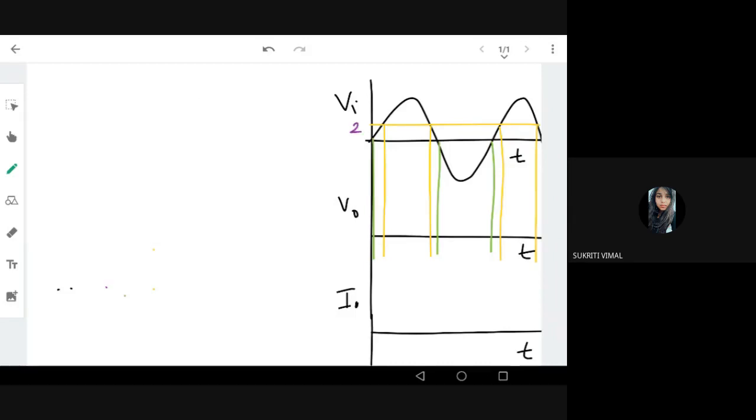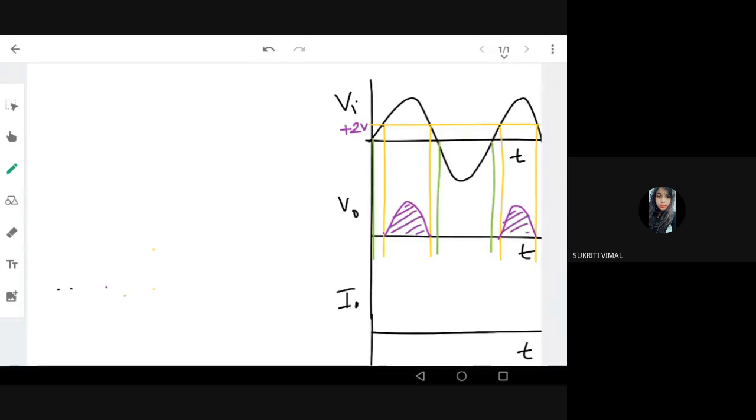This is 2 volt plus 2 volt. So at that point my output is going to start from here and end here. And what is the output value? Just V input minus 2 volt. So that's it. This is my voltage output value.